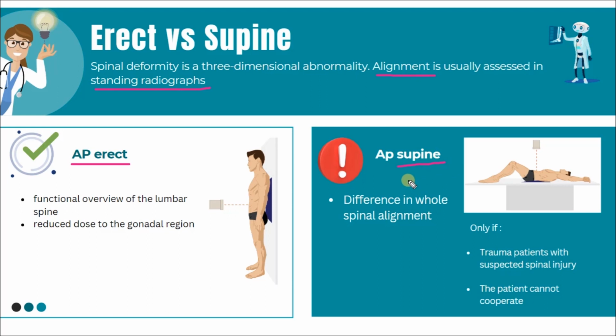But only in cases where the patient is not able to stand, whether the patient is a trauma patient, there is a suspected spinal injury or a fracture, or any other medical condition, the patient is aged or unable to stand, you are allowed to do the X-ray supine. Otherwise, as a rule of thumb, you have to do the lumbar X-ray in the upright position, okay?